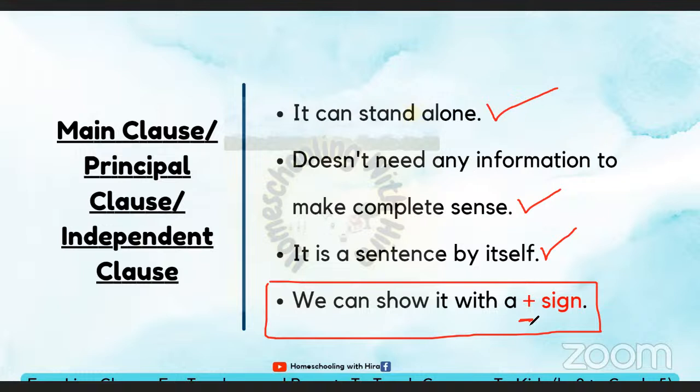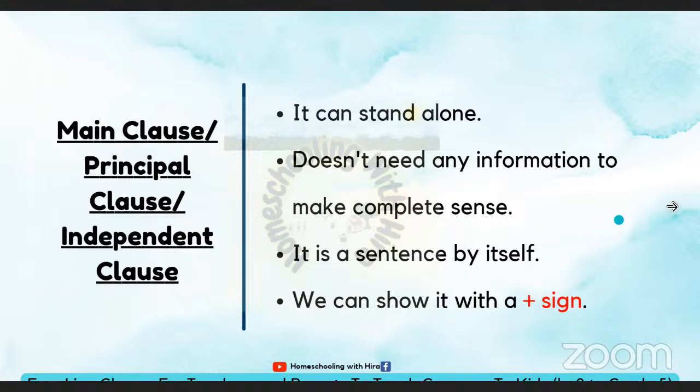However, to help kids, we can still make things a little multisensory with the help of some signs, with the help of some colors, with the help of some stories as well. See? So for this part, we are using plus and minus sign. A main clause has a plus sign always. This will help us in sentence structures as well.